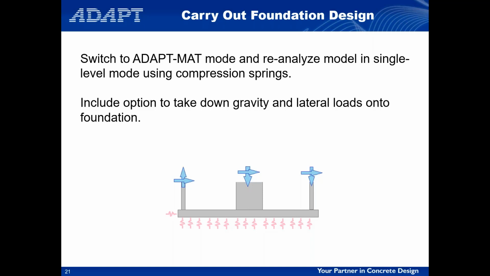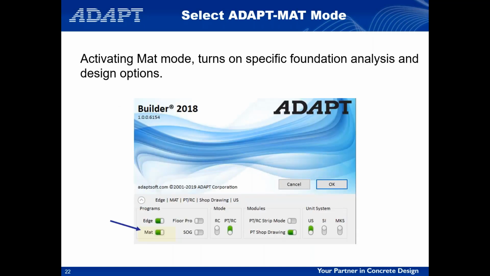The idea of replacing it with fixed supports doesn't make sense, and so we're going to run it in mat with the spring supports, and most importantly, you want to make sure you're selecting the right options to do the load takedown for gravity and lateral loads. So first of all, again, remember when you're reopening, it's the same exact model. All you're doing is closing the model, saving what we've done before, and opening it, and this time it's going to be in mat mode.